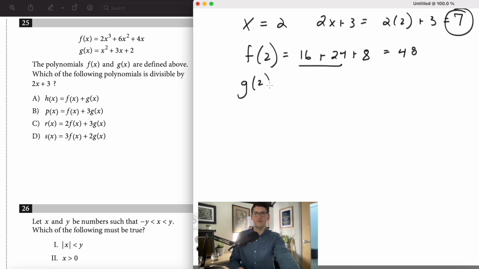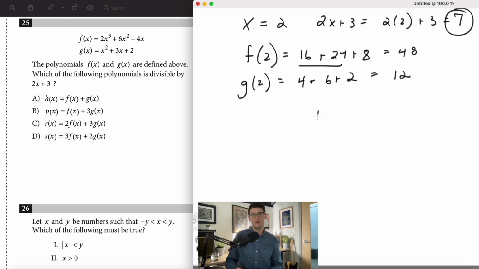There's so much calculation here that I'm likely to make a mistake. That's 2 squared plus 3 times 2 plus 2, 4 plus 6 plus 2. That's 12. We already got rid of A and D, based on trying out 0, so I only have to try out B and C.